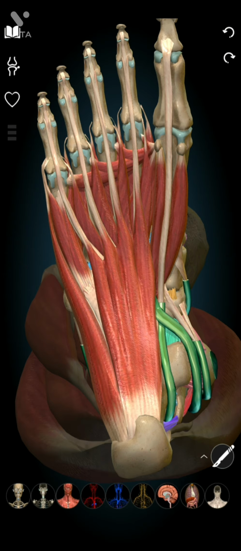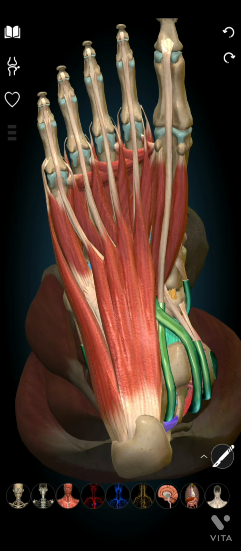Digitorum, as its tendons are going to the lateral four digits, hence it is called digitorum. Flexor digitorum brevis is a short muscle. The muscles of the sole are very short muscles, so remember that many of them carry the name brevis.